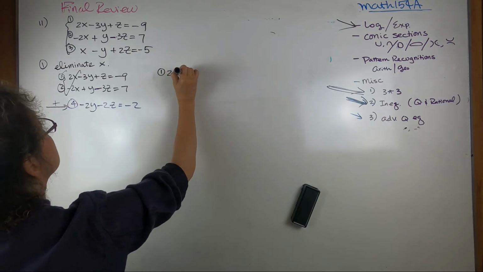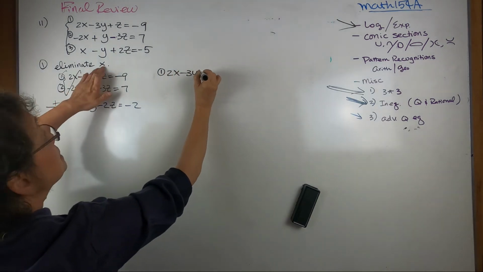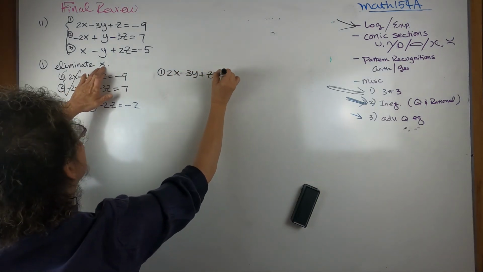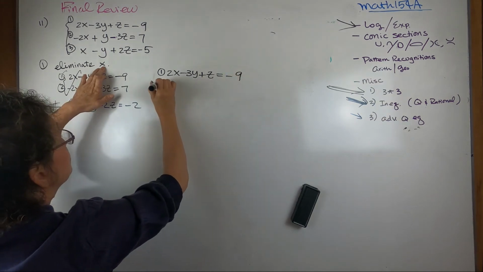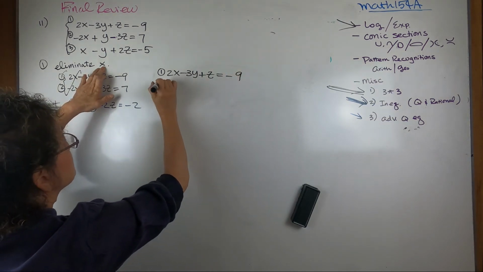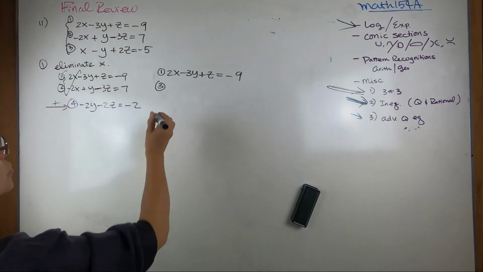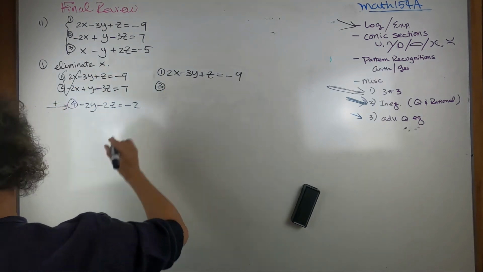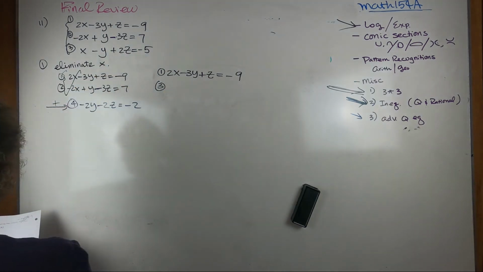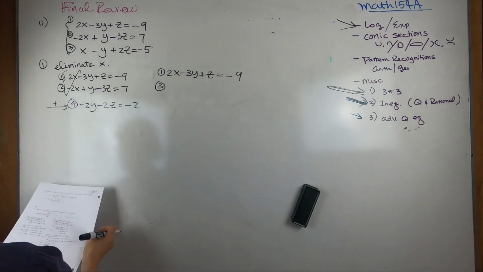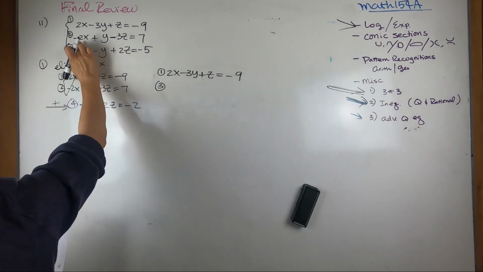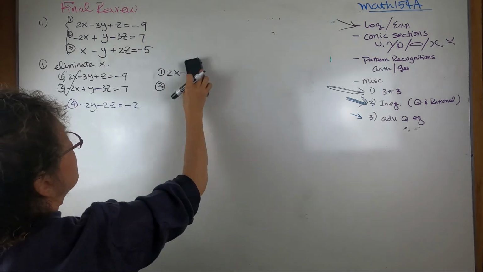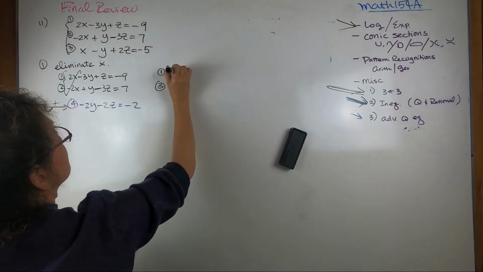So I might use another 2 of them to find it. So I might use the first one. I still eliminate x. Okay, you cannot change it halfway through. Let me see which one I want to use. I use 2 and 3 is better because that's negative. Okay, either way will work.